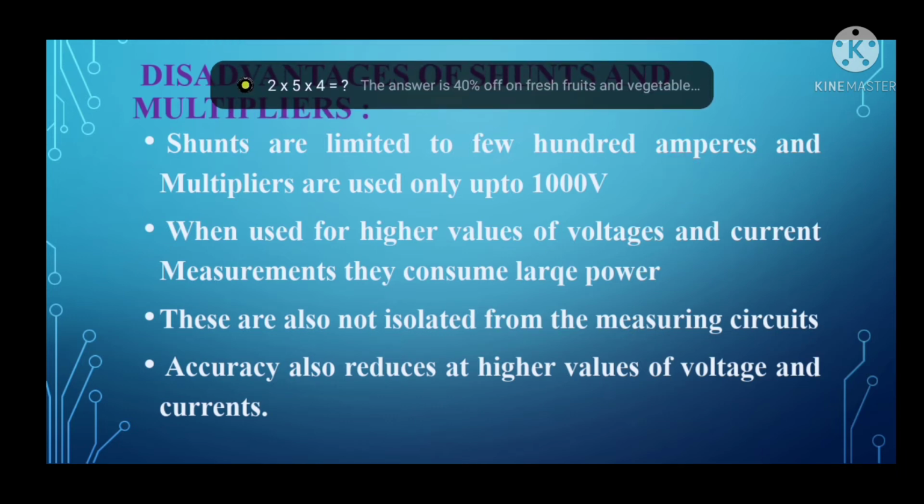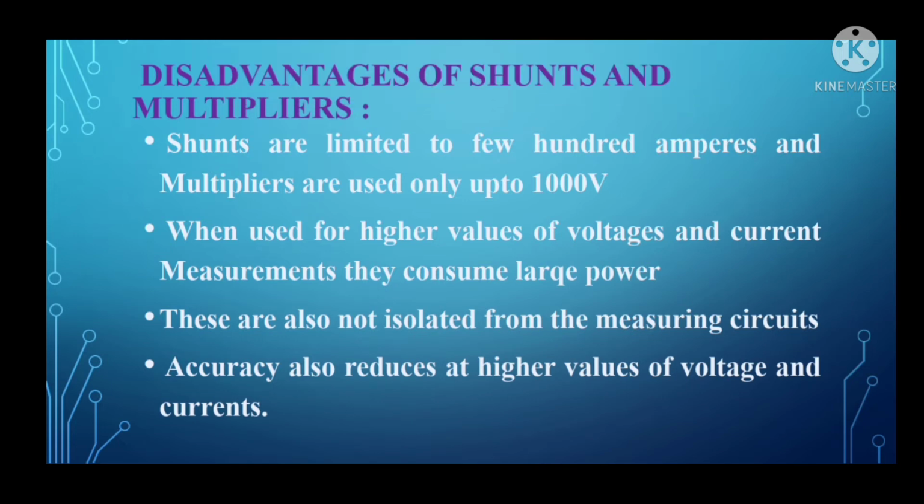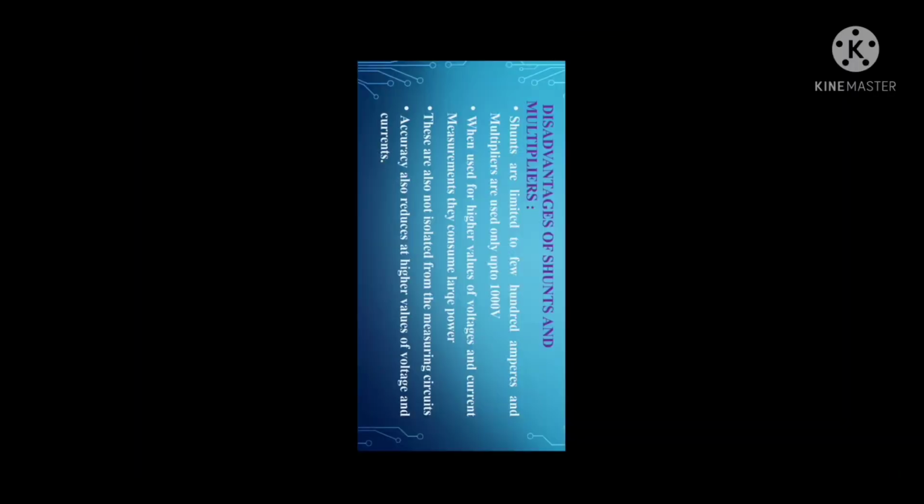The shunts and multipliers extend the range of ammeters and voltmeters, and they can do so only up to certain amperes and certain volts. So beyond those ampere or voltage levels, if we want to measure higher values, then we go for the instrument transformer.